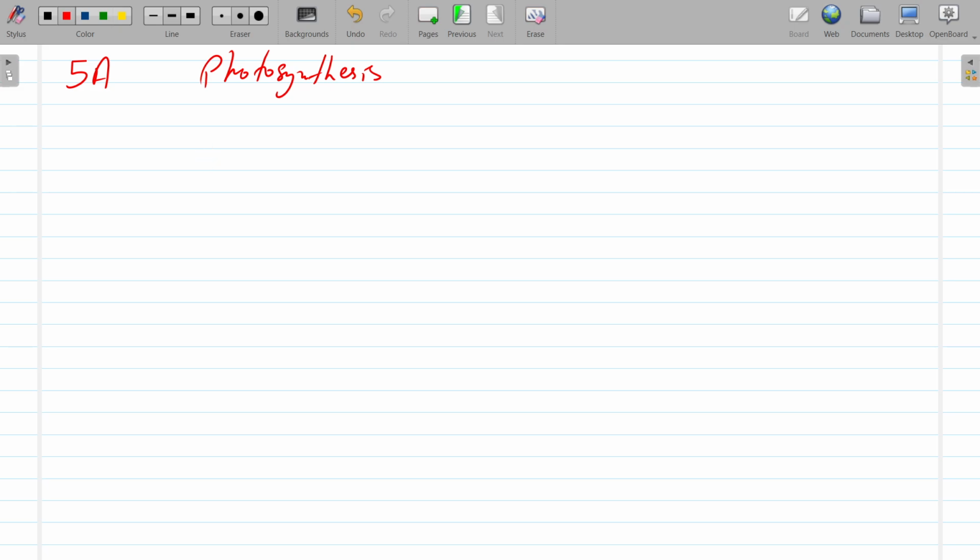So chapter 5a is photosynthesis. Section 1 of chapter 5a is about the importance of ATP. Now, we've just come out of the chapter for respiration, so I'm sure we very well know what the importance of ATP is.